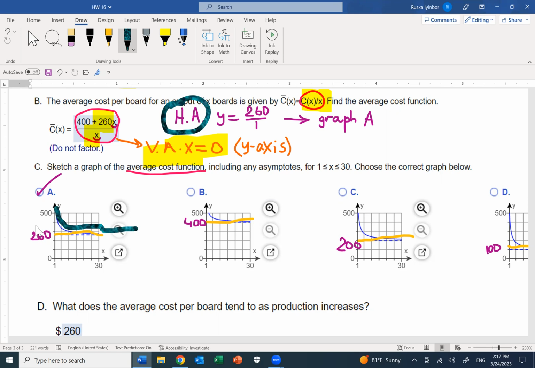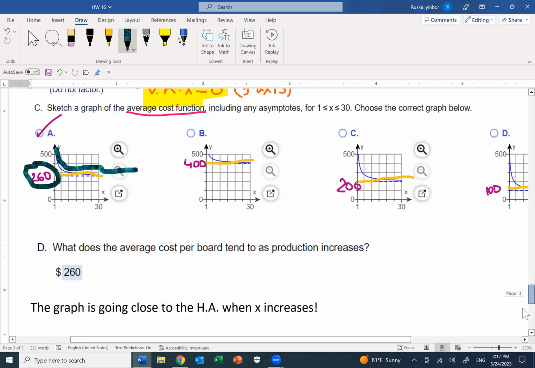So that means 260 is going to be the average cost per board when production increases. When production increases, the average cost should be about $260. So that's what you put there for D.